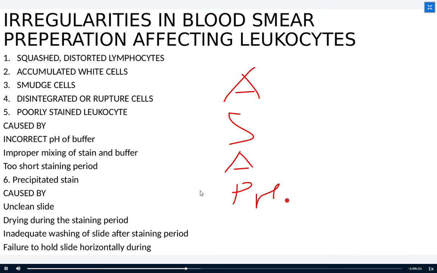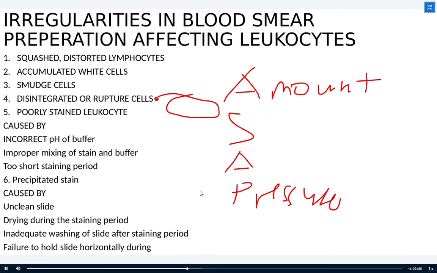Pressure. How about the accumulated white cells? The amount, yes. Okay.